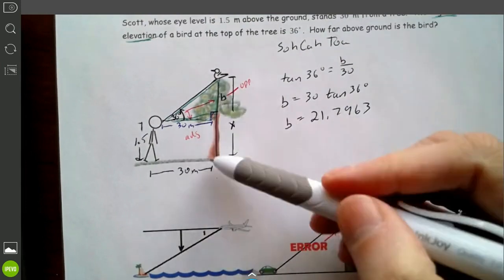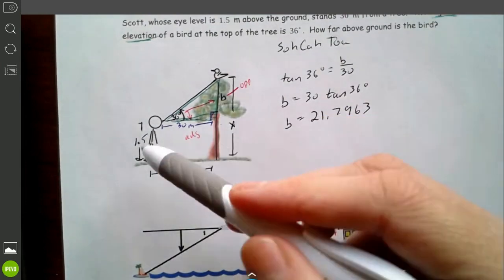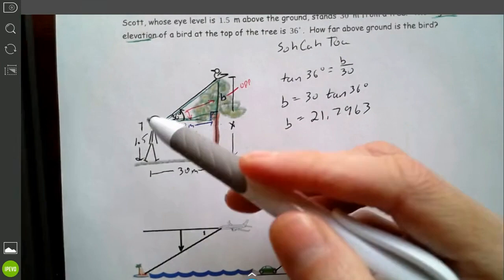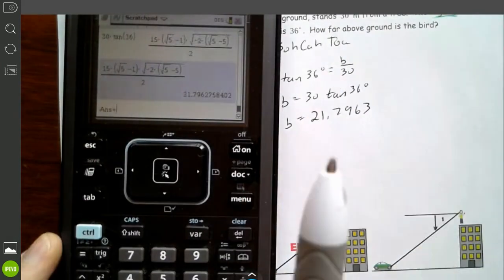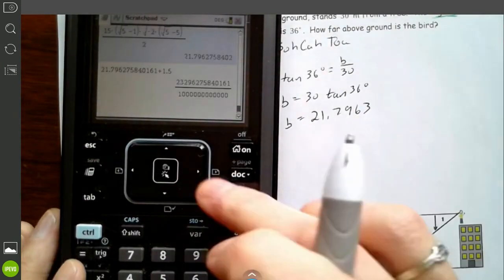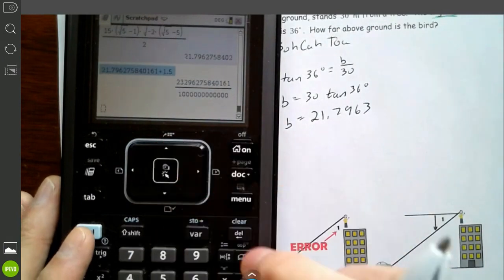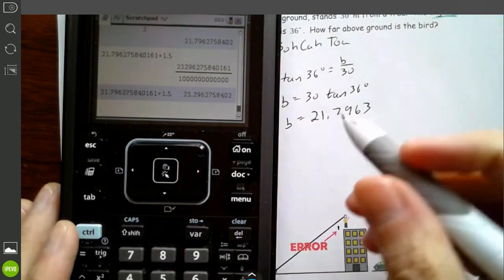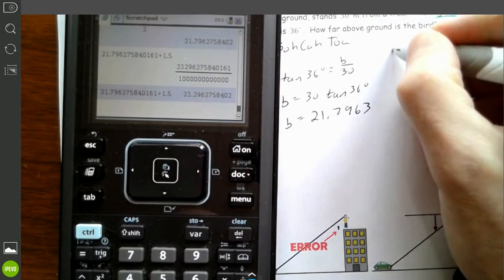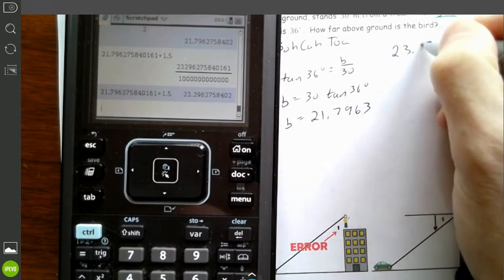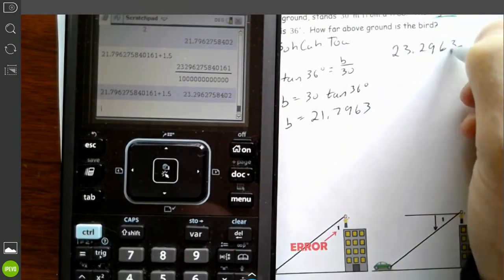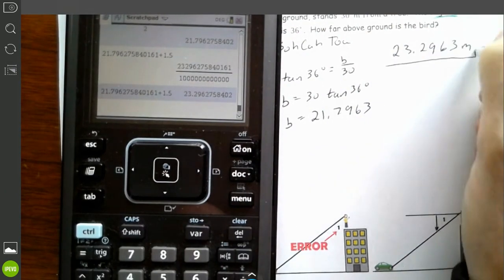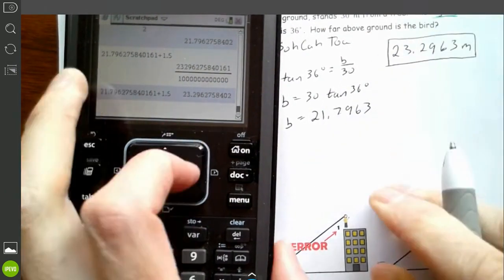Now that's actually only B. That's not the height above the ground. That's this distance here. I have to add this other 1.5 to it. So I'm going to add that 1.5. Let's get this number as a decimal. So my height is 23.2963 meters. Now I'm going to round it.